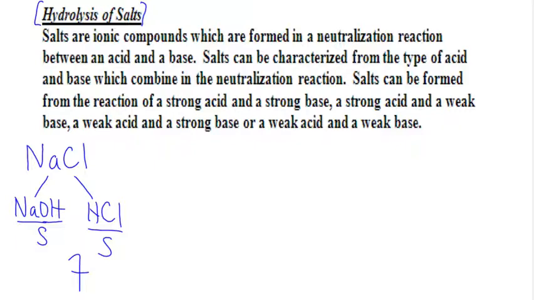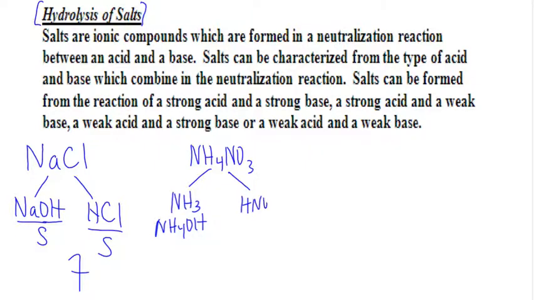Now, if we have something like ammonium nitrate, what base does this come from? Ammonia. Some people said ammonium hydroxide, which is for all intents and purposes the same thing. And what acid?